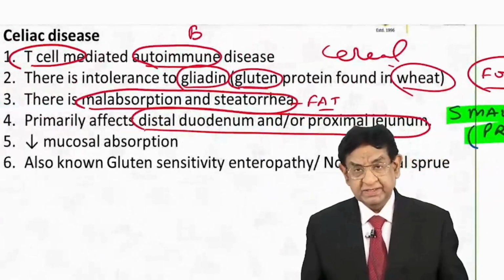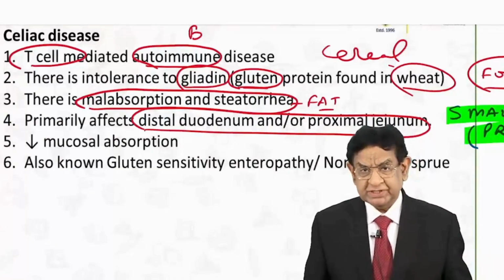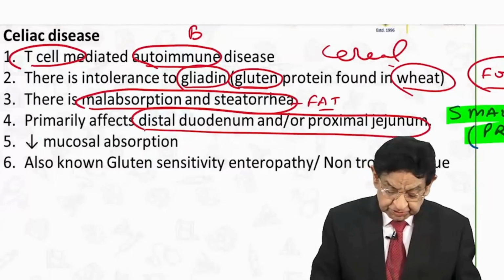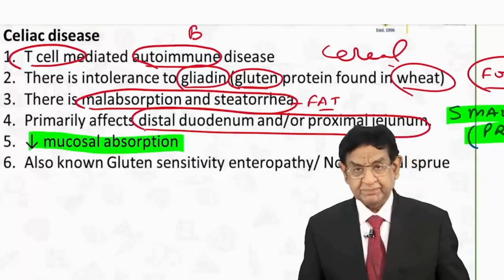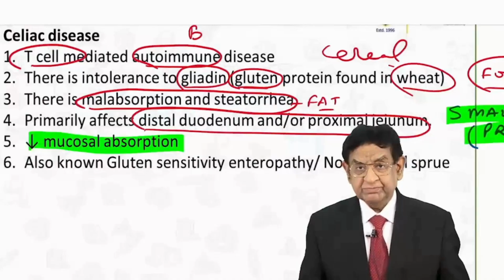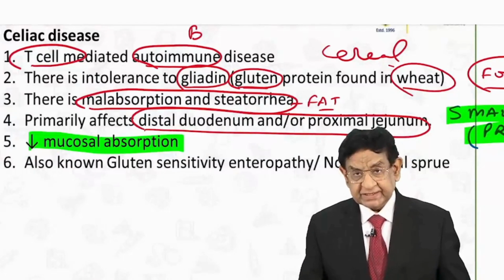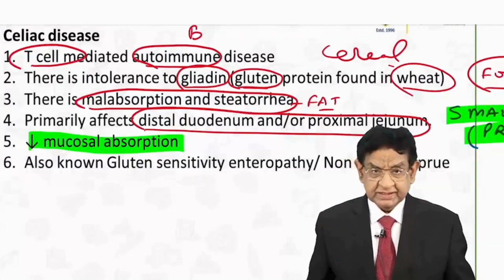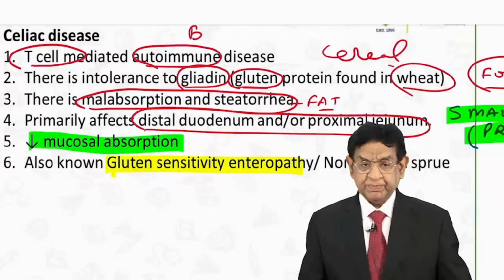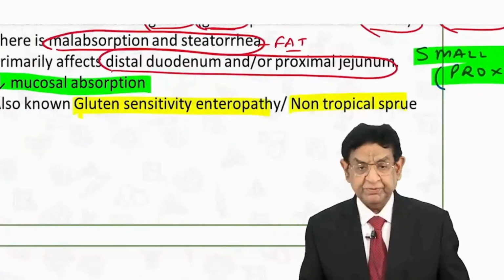Now, a brief on why this problem of steatorrhea and so-called malabsorption occurs: because villi are destroyed, and that leads to reduced mucosal absorption. And as I told you, it is related to gluten. The other name of the disease is gluten sensitivity enteropathy, and it is also known as non-tropical sprue.